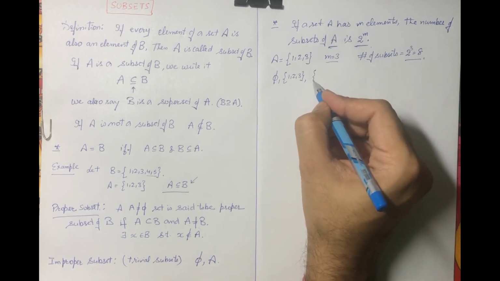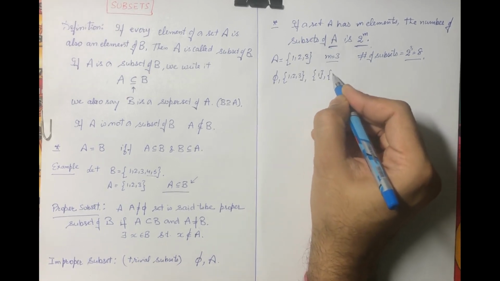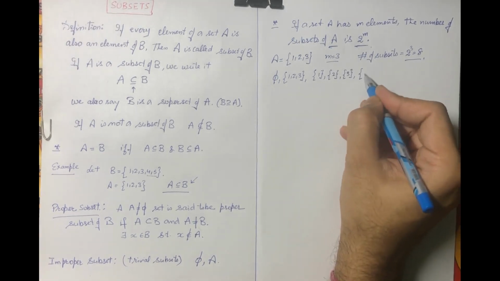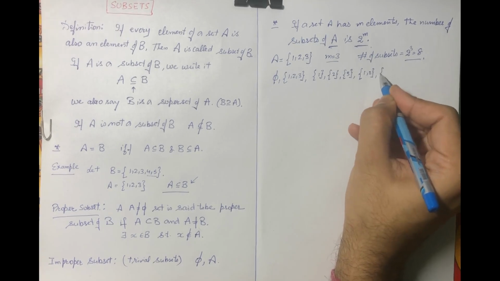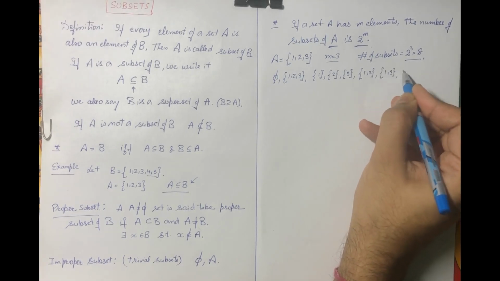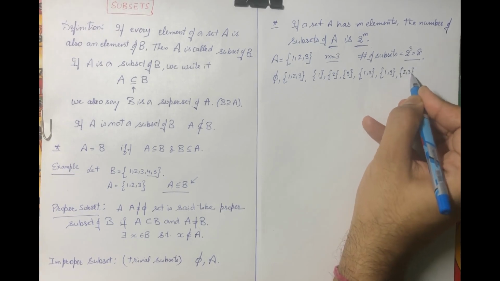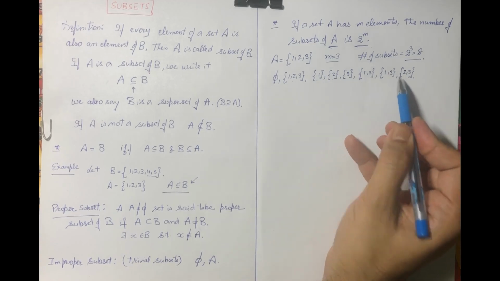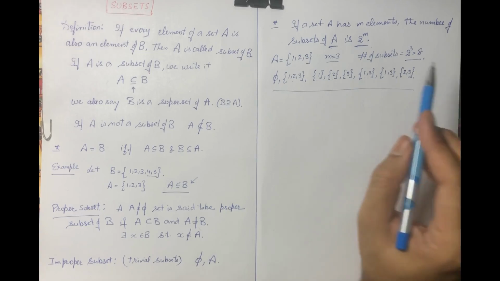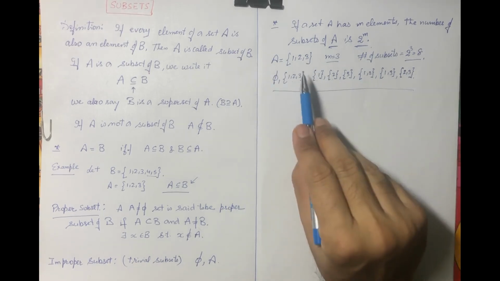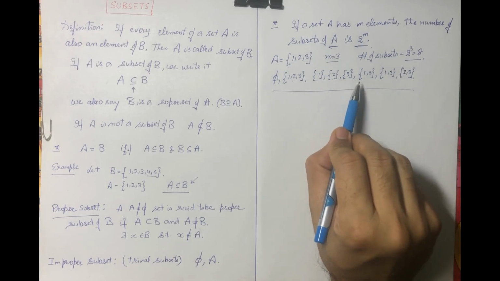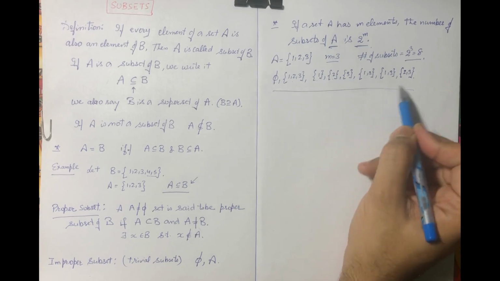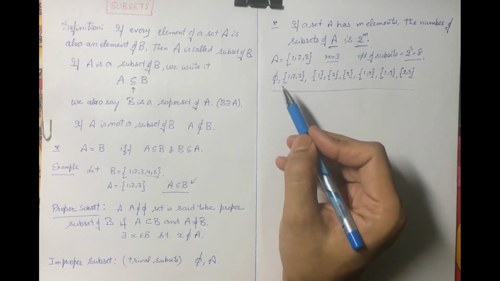What else? 1 only, 2, 3, now 1, 2, 1, 3 and 2, 3. So this is 1, 2, 3, 4, 5, 6, 7, 8. These are the 8 subsets of set A, including improper and proper subsets. These 6 are called proper subsets and these 2 are called improper.